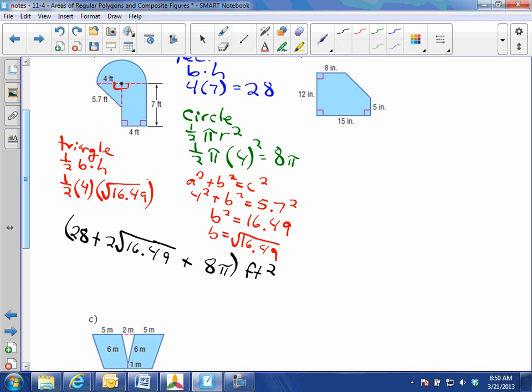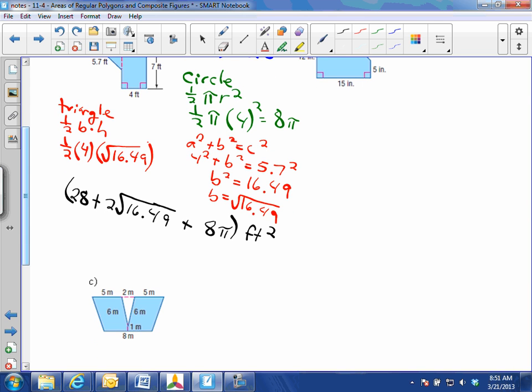However, most times they're going to want you to round to the nearest tenth. So you type in the calculator pi, making sure you're only taking pi times 8, figure out what the square root of 16.49 times 2 is, and add everything together. Don't round the pi.